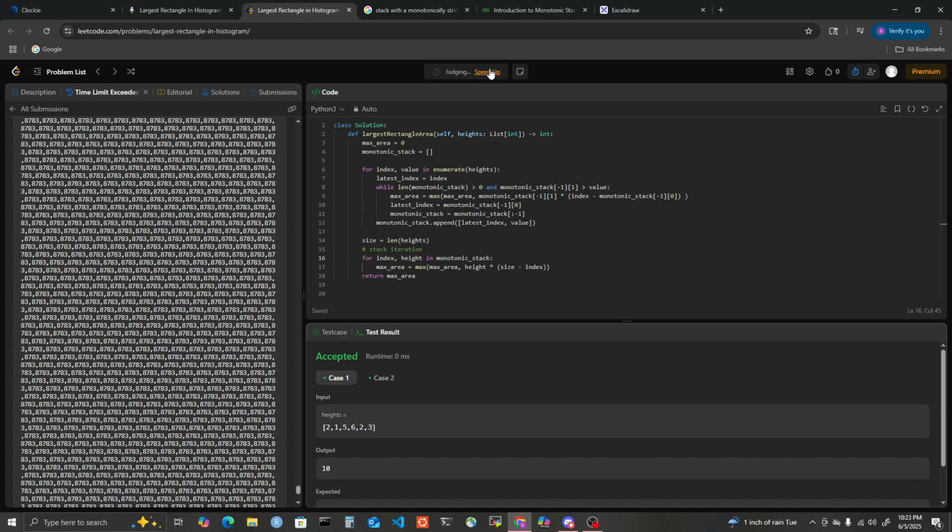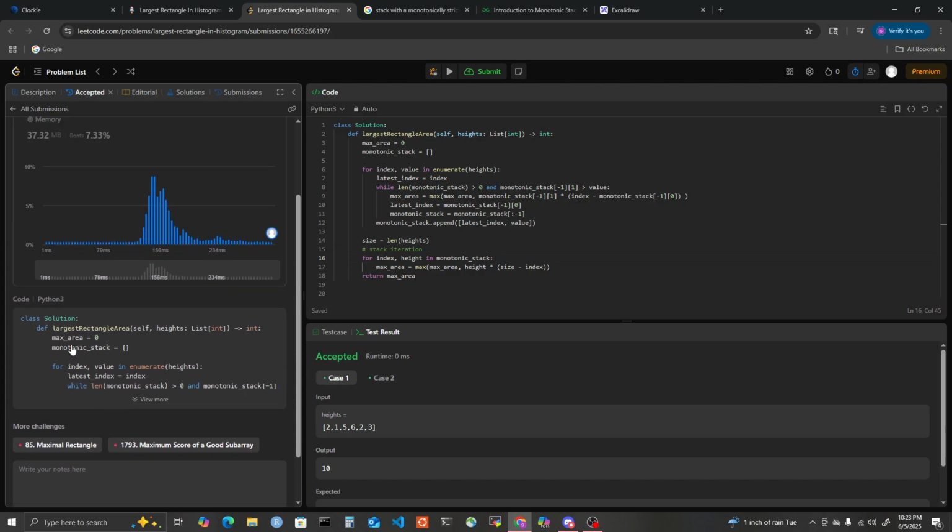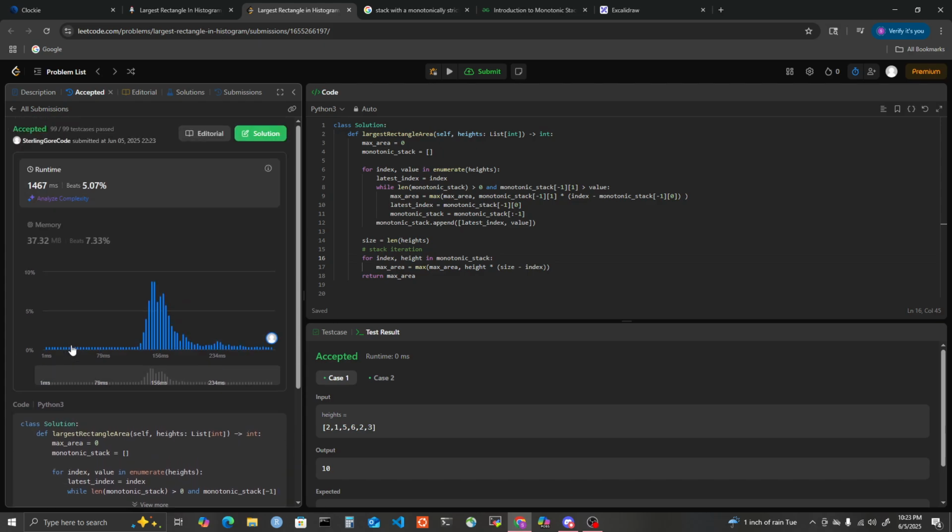Maybe a for loop is faster. Oh, that did it. Nice. Cool beans.